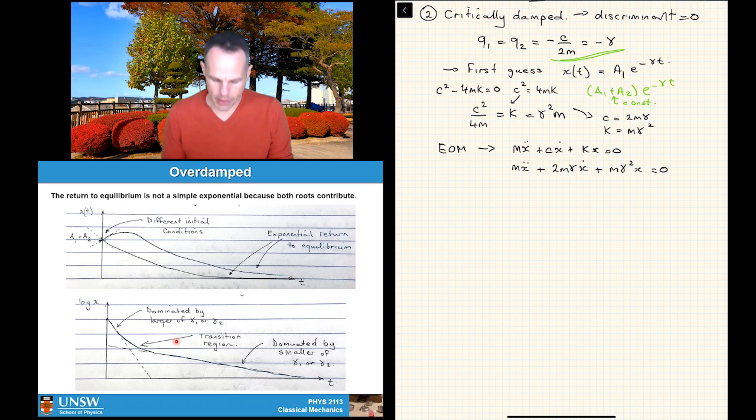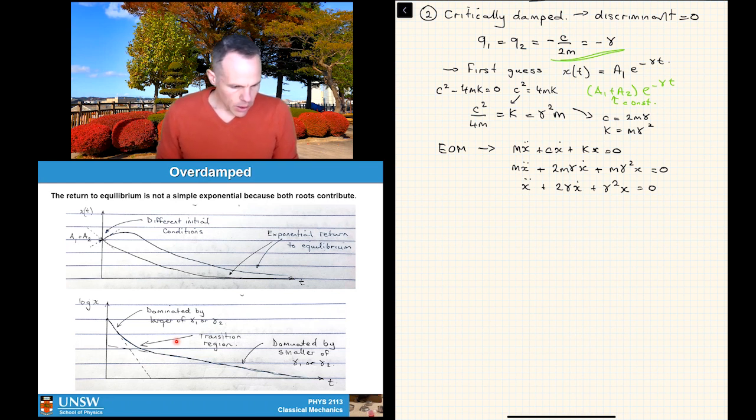And then of course we can pull the mass out the front, and we can eliminate it entirely because we can use the 0 on the other side. So this is x double dot plus 2 gamma x dot plus gamma squared x equals 0, okay? Basically divide both sides by m, and 0 on m is 0.